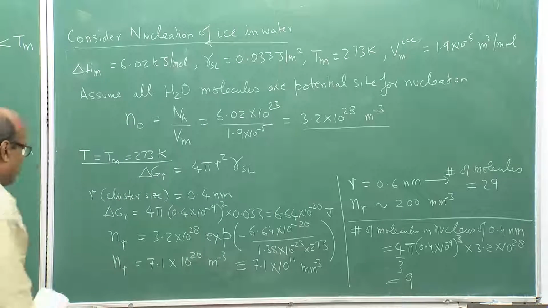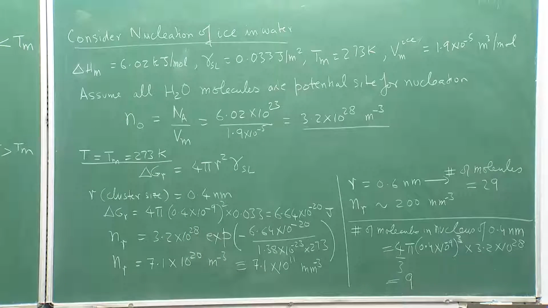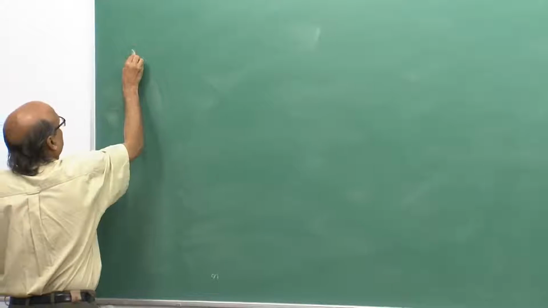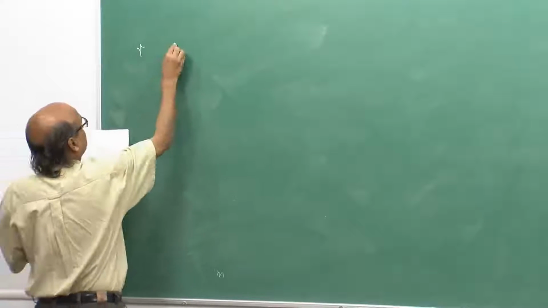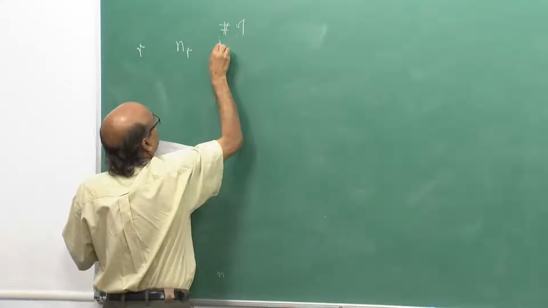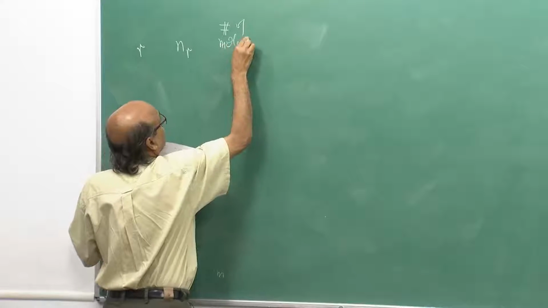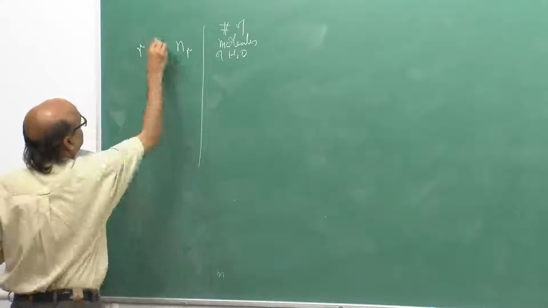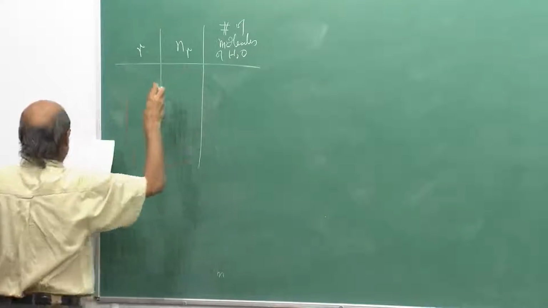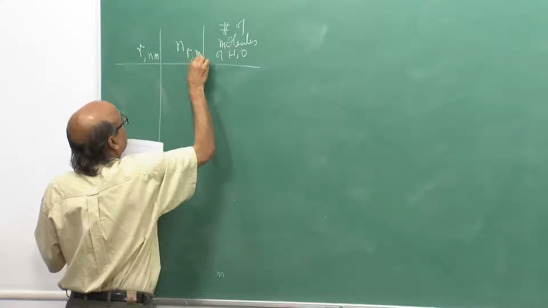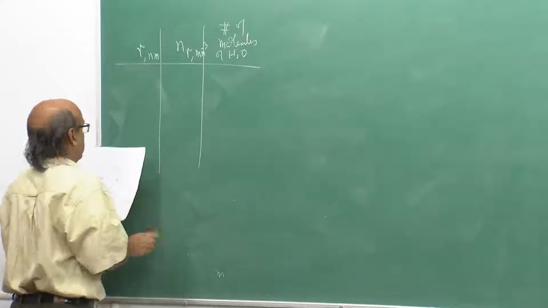So, let me put down some numbers for you to look at for different sizes of the nuclei. Size R, NR, and number of molecules of H2O. R is in nanometers, NR is per millimeter cube.